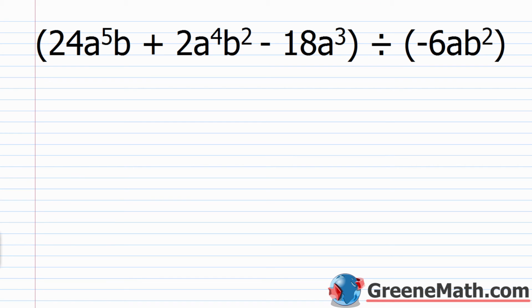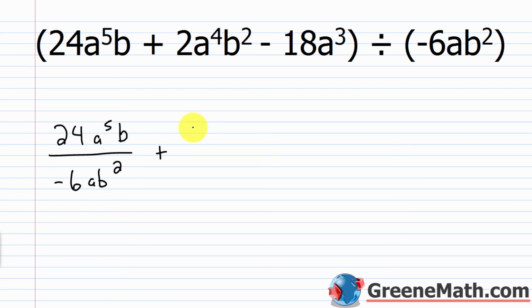We have 24a to the 5th power b plus 2a to the 4th power b squared minus 18a cubed. And then this is divided by negative 6ab squared. So let's kind of shortcut this. And instead of writing this as a fraction and then kind of splitting it up, let's just split it up right away. So I'm going to take this term right here, this 24a to the 5th power b, and write it over the divisor here, negative 6ab squared.